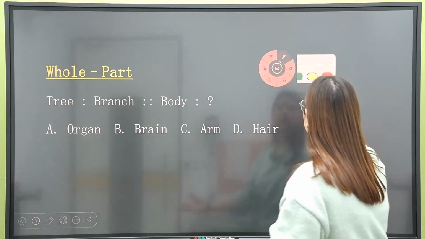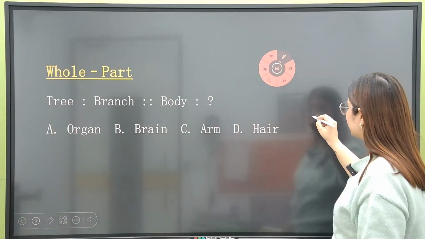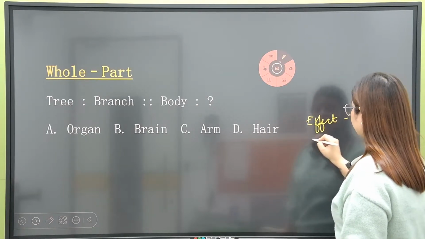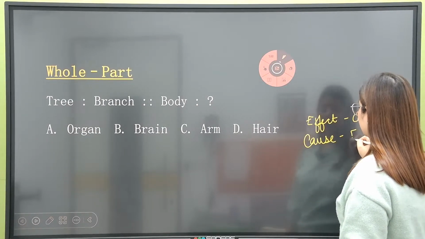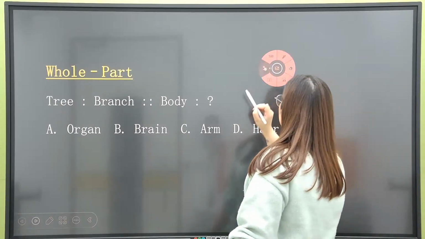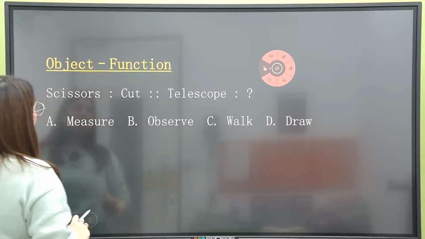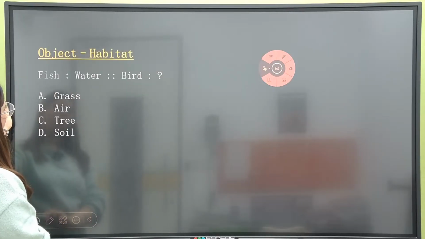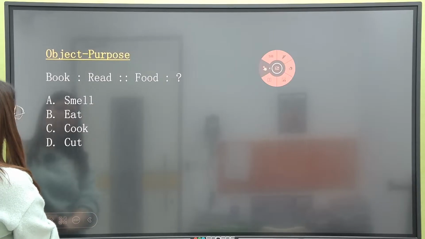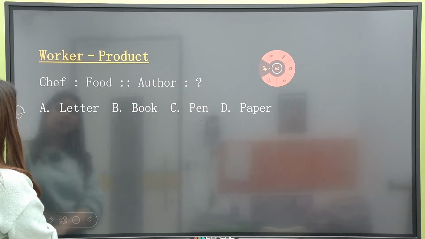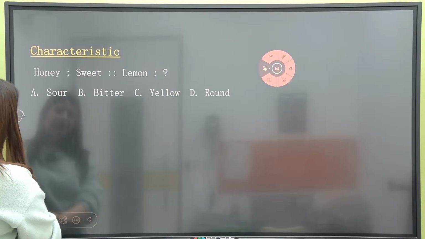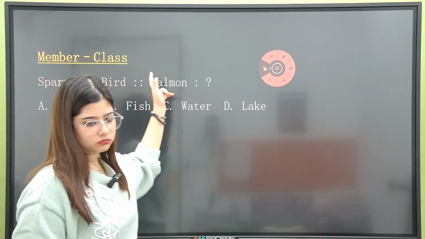There could be effect to cause, there could be cause to effect, as well as object function, object habitat, object content, object purpose, worker tool, worker product, member class, characteristic, and the reverse is also possible.